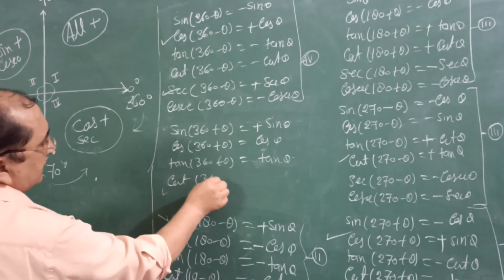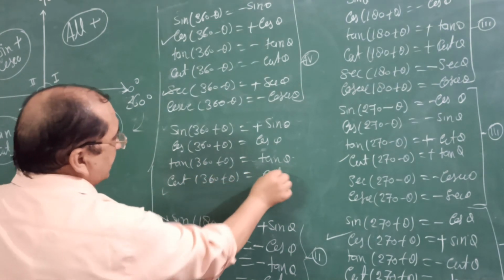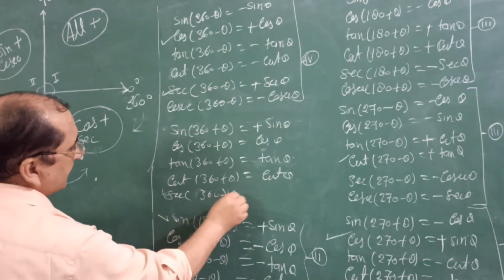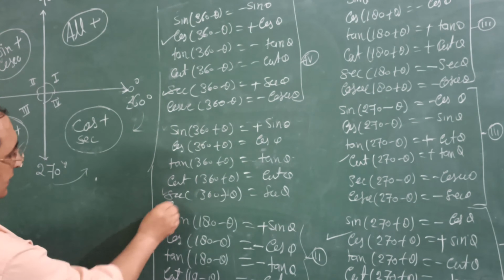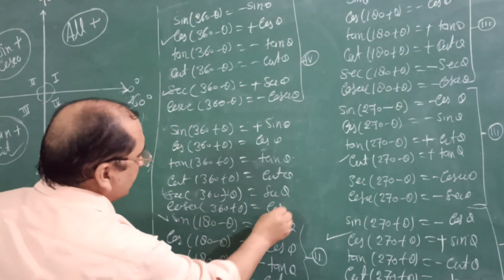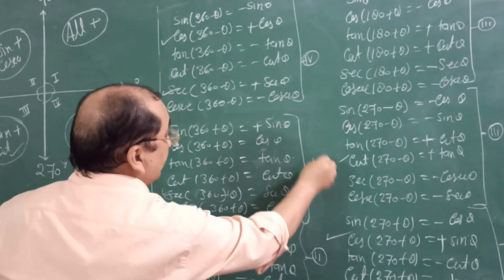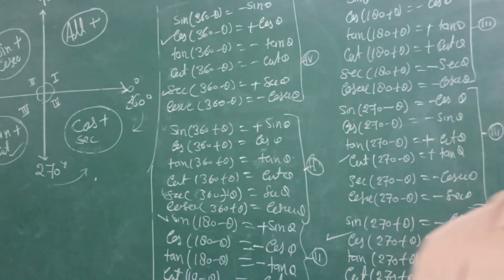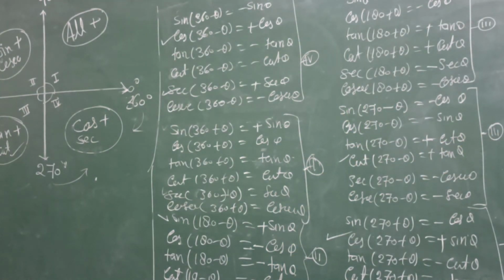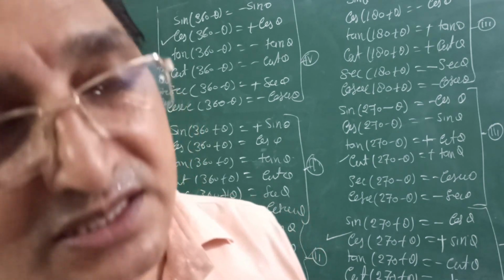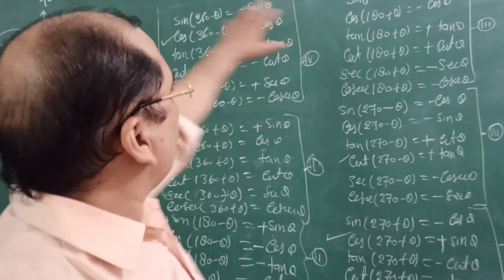Cot 360 plus theta equal to cot theta. Sec 360 plus theta equal to sec theta, and cosec 360 plus theta equal to cosec theta. This is again the first quadrant. In a whole rotation we get these: 90 plus theta, 90 minus theta, 180 minus theta, 180 plus theta, 270 minus theta, 270 plus theta, 360 plus theta, and 360 minus theta. After that we get all these things.